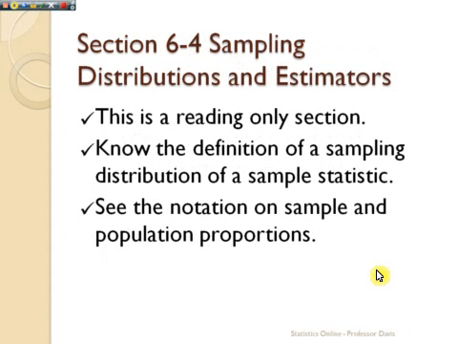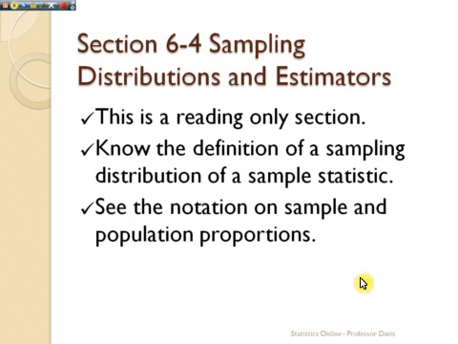And then in section 6.4, well, that's a reading only section, somewhat of a concept section. So we want to be able to know the definition of a sampling distribution and of a sample statistic. And make sure you look at the notation for sampling distributions, and also a new parameter and statistic we're going to look at are with proportions.